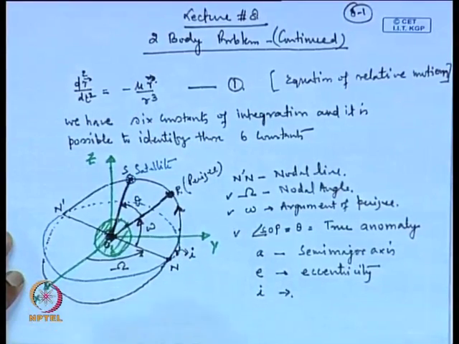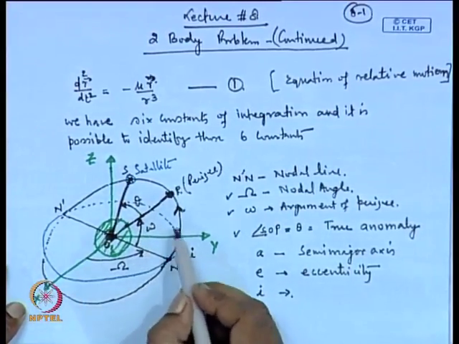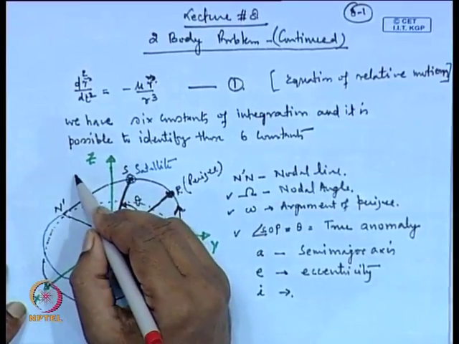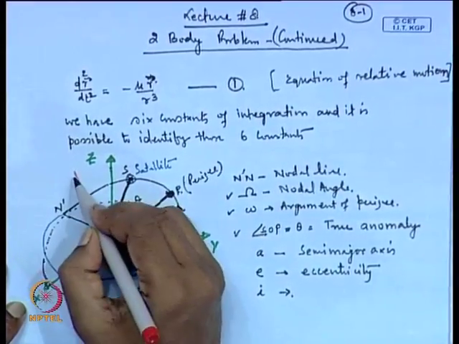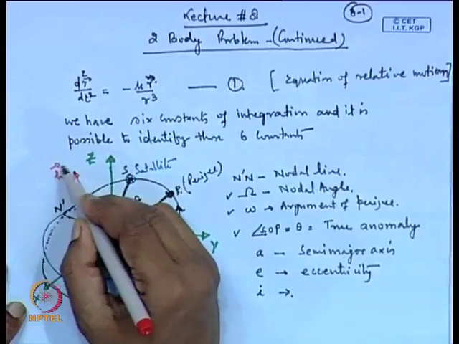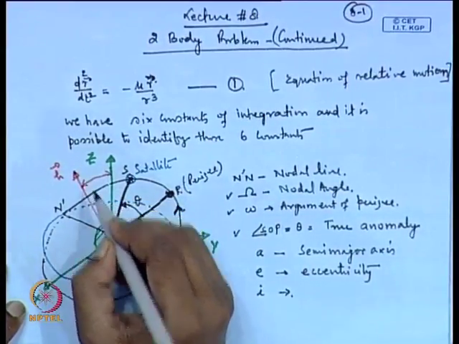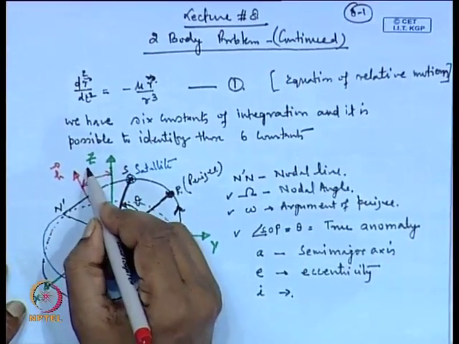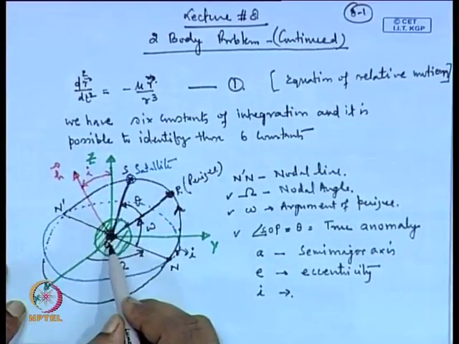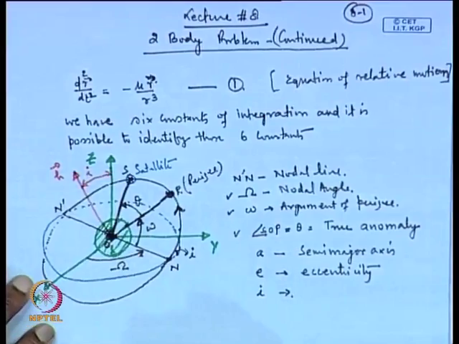Either way, we can say that if we have the angular momentum vector which is perpendicular to the orbital plane, and we indicate it by h here, then the angle of inclination will be given by the line O z and O h.